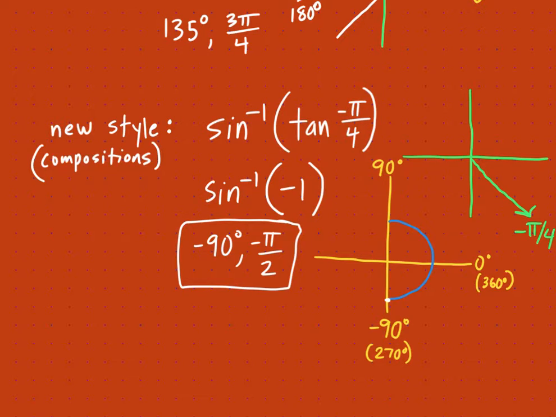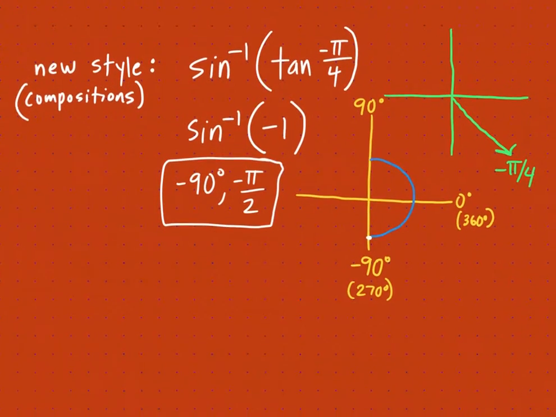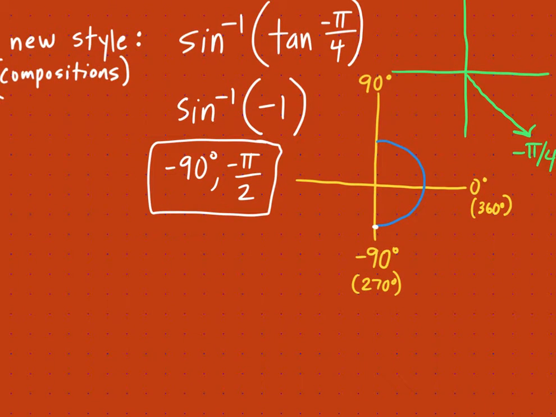Okay, so good question. Would it be wrong if you put 270? And the answer is technically yes, although you're on the right track. The answer to this is always negative 90 to 90, or equal to, I should say.